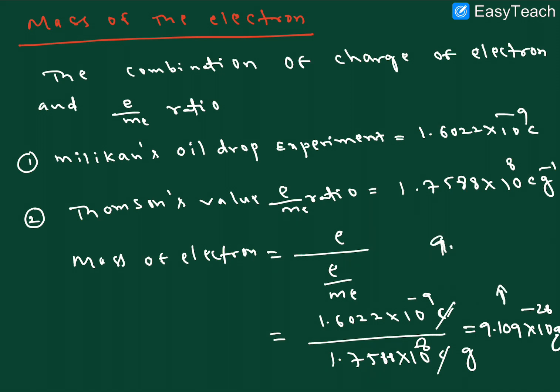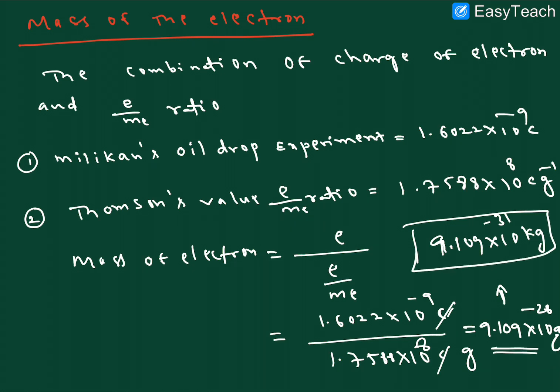And in kg, the value is 9.1094 into 10 to the power of minus 31 kg. For kg, since 1 kg equals 1000 grams, divide by 1000 and we get minus 31. I hope it is clear.